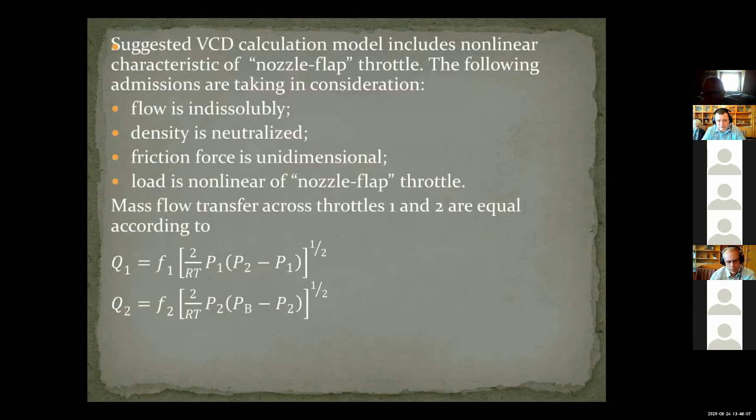The vacuum contact device calculation model includes non-linear characteristics of the nozzle flap throttle. The following admissions are taken into consideration: flow is incompressible, density is neutralized, friction force is dimensionless, load is non-linear of the nozzle flap throttle.